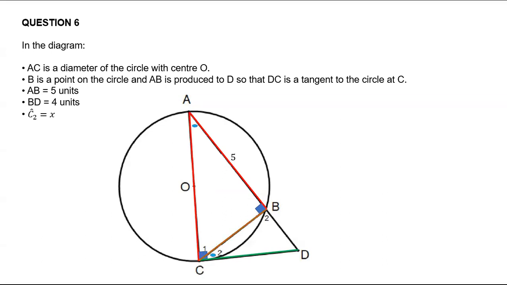So that angle will be equal to the angle that is created by the same chord. But that angle will be the one between the tangent and the chord. Hence, note that angle C2 will be equal to angle A, because angle A is subtended by the chord that created angle C2.